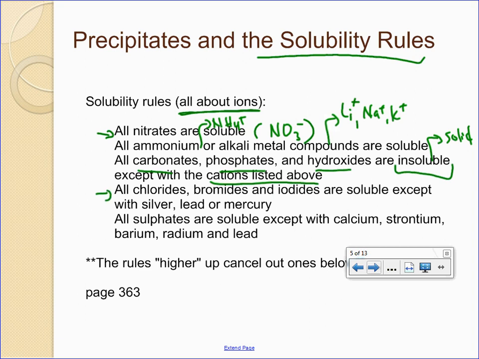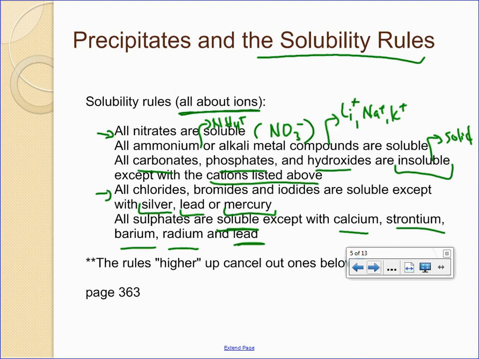All chlorides, bromides, and iodides are soluble except if they are paired with silver, lead, or mercury. So for example, if we have lead 2 bromide, that would be an insoluble compound, whereas sodium bromide would be soluble. All sulfates are soluble except with calcium, strontium, barium, radium, and lead.